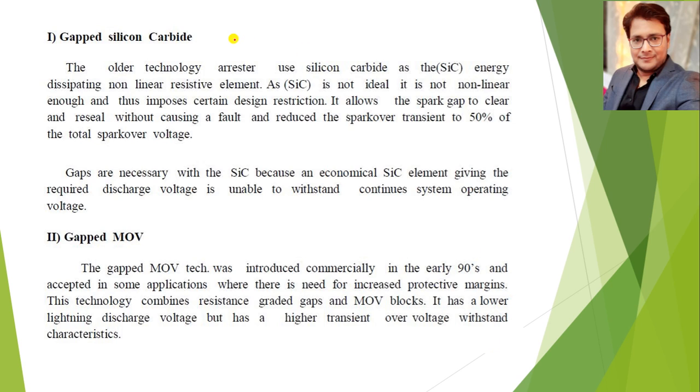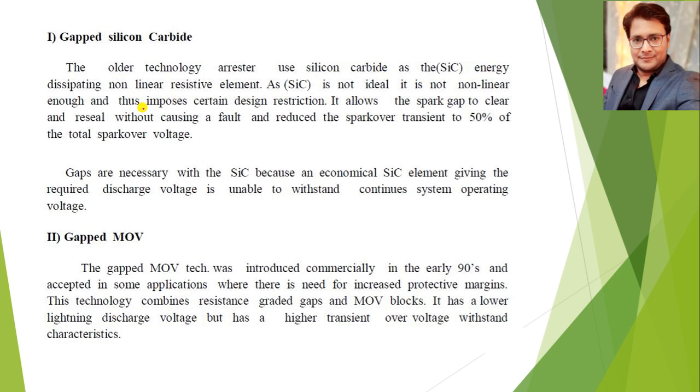First, gapped silicon carbide. The older technology arresters use silicon carbide as the SiC energy dissipating non-linear resistive element. As SiC is not ideal, it is not non-linear enough and thus imposes certain design restrictions.